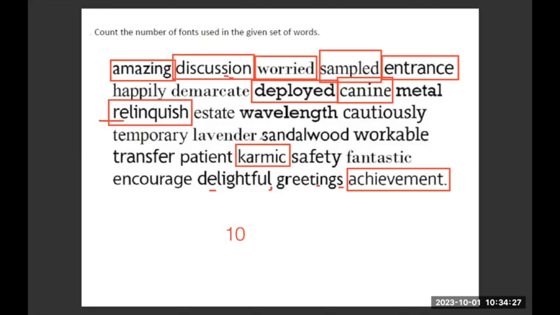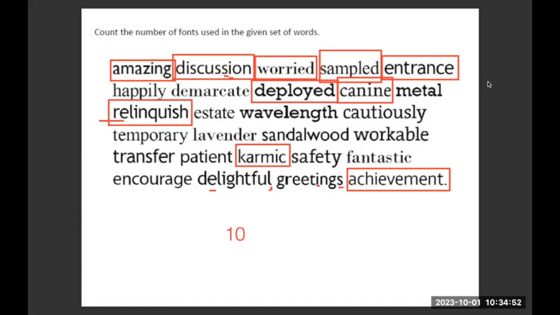So discussion and greeting, I was able to compare them kind of together. Delightful greetings is the same as okay.